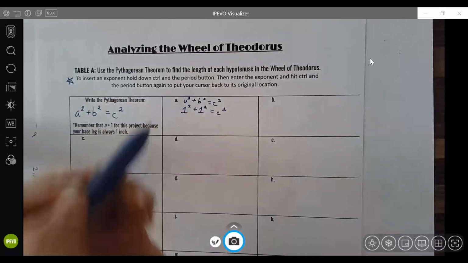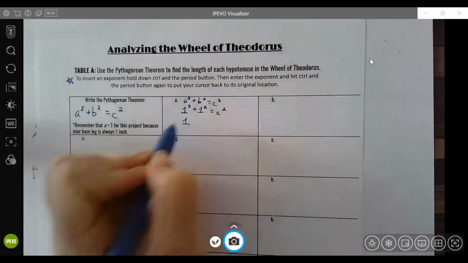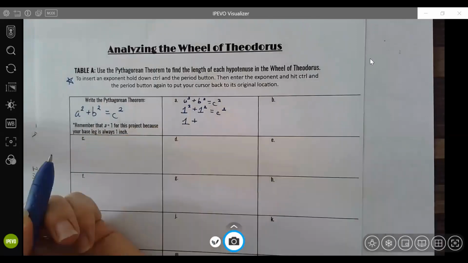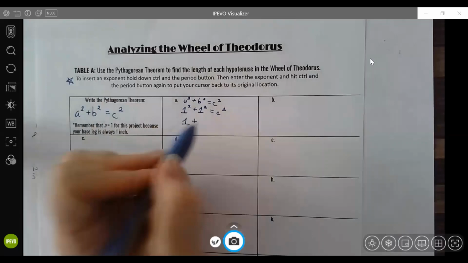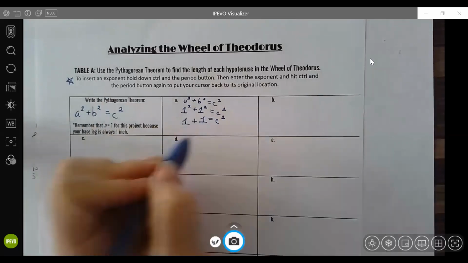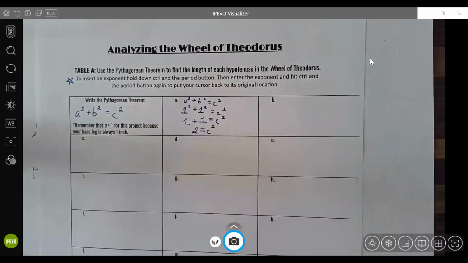So I would do 1 squared, which is 1 times 1, that equals 1, plus another 1 squared, which is 1 times 1, that also equals 1, and that equals c squared. So 1 plus 1 is 2, and I have that 2 equals c squared. But I don't want to know what c squared equals.